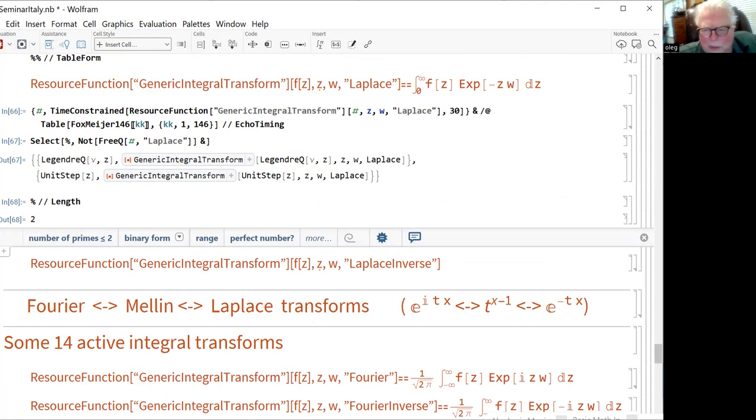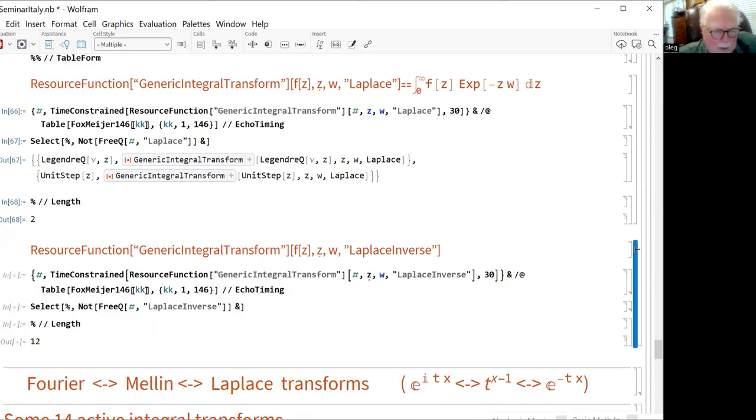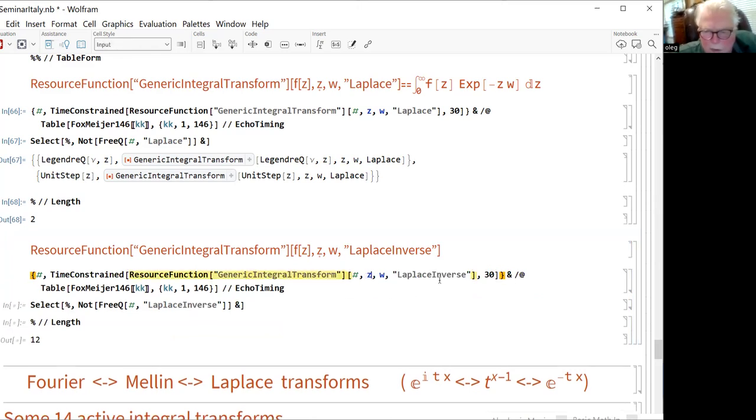All others work. And then we can do this for the inverse Laplace transform. Again, mistake. Z should be here. We can evaluate.